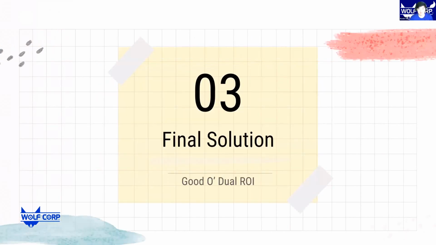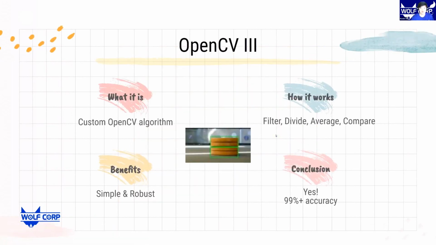And so finally, we've come to a simple solution to all of our problems. Our third and final OpenCV algorithm was made to fit our needs with a simple design. It first does thresholding, as usual. What makes it different is that it divides the original region of interest into 2.